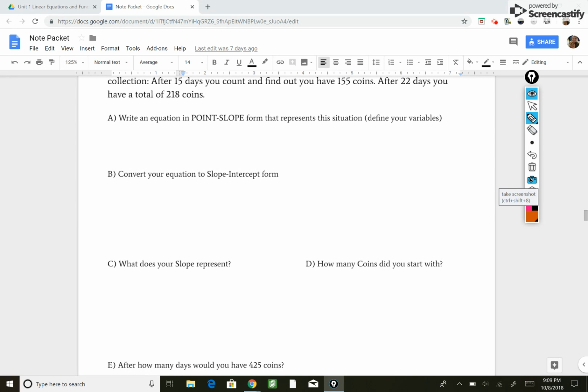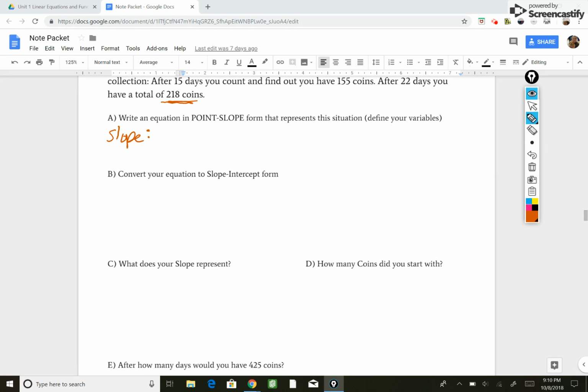For the first one, it says write the equation in point slope form. What I would do first is find your slope. Your slope is the difference of the y's over the difference of the x's.